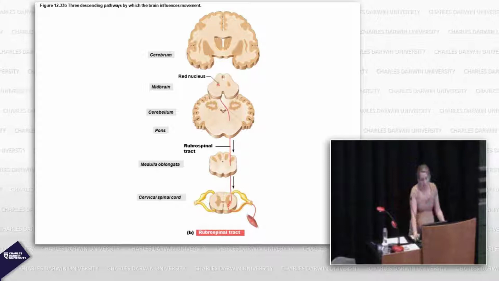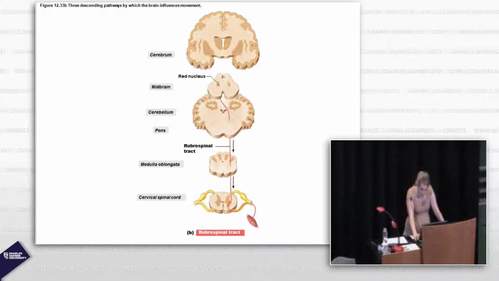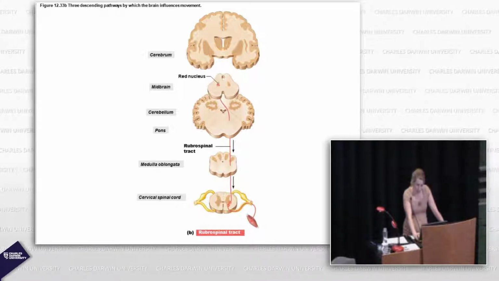Okay, because this is a motor pathway, we're starting here in the red nucleus in the midbrain, travelling down to the ventral horn where we're synapsing before travelling to the muscle. I've only just covered one of them here, the rubrospinal one.